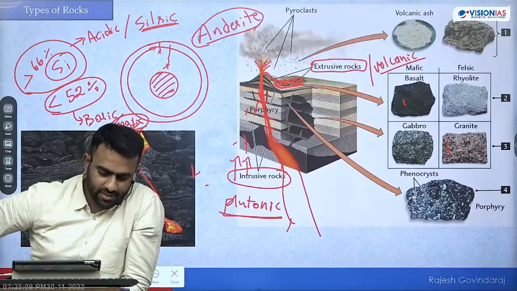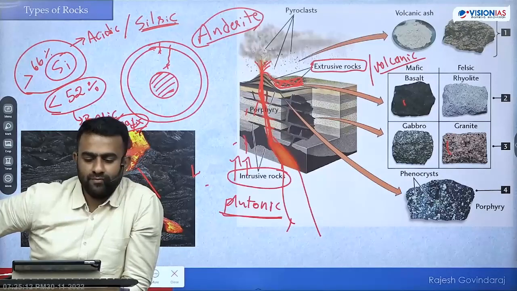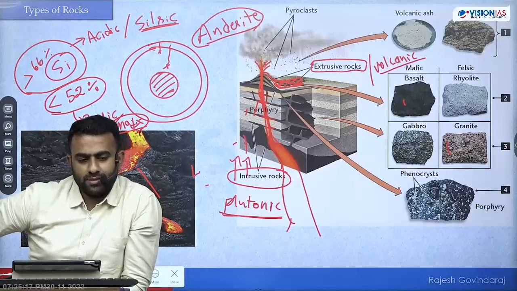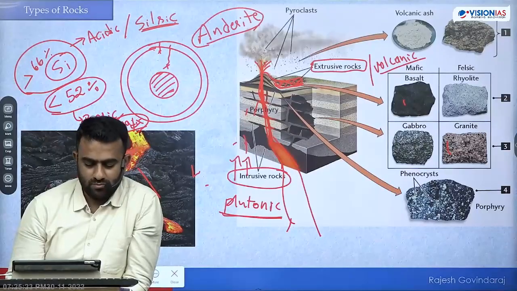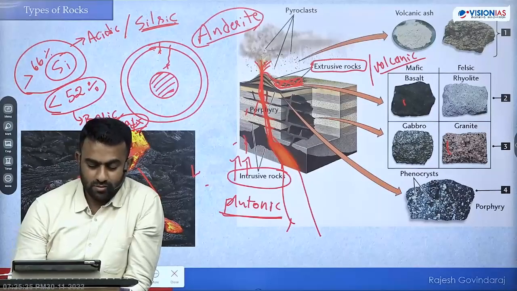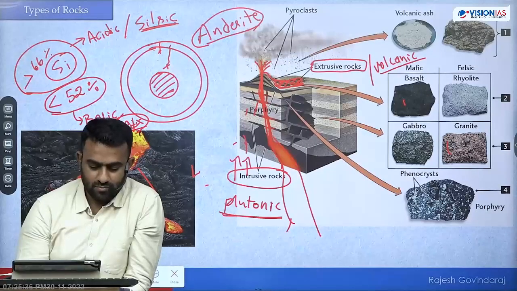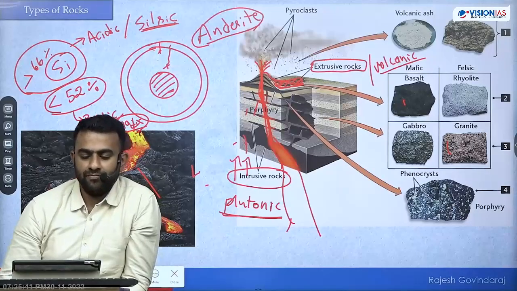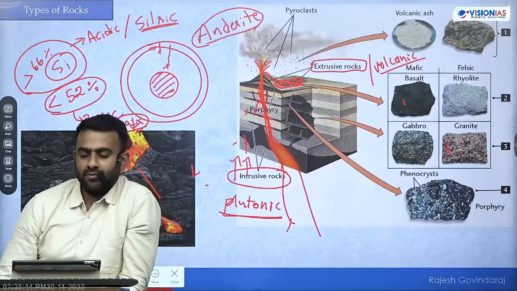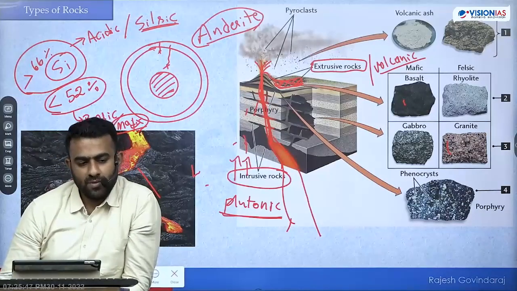Next point, they are also called as plutonic rocks. Example, granite, gabbro.